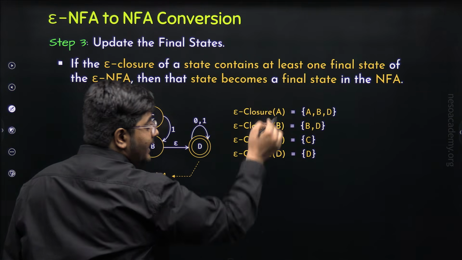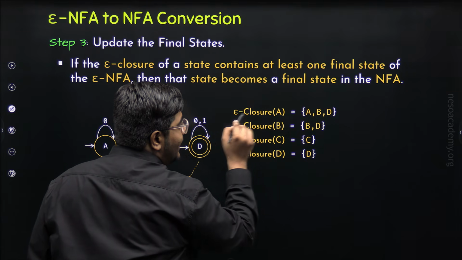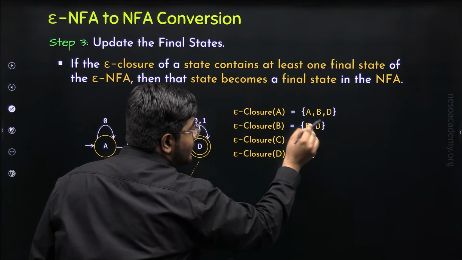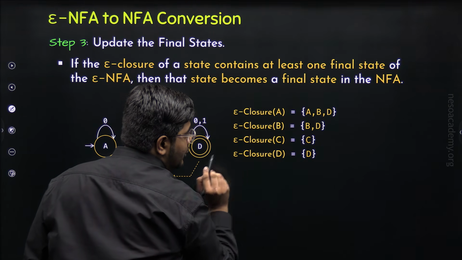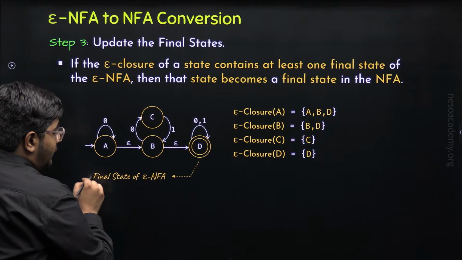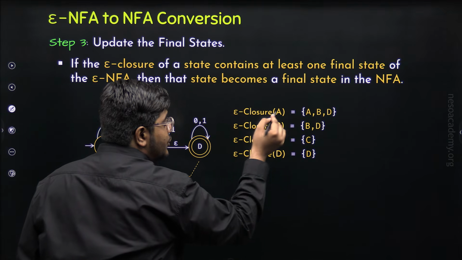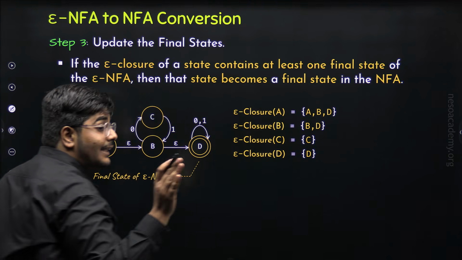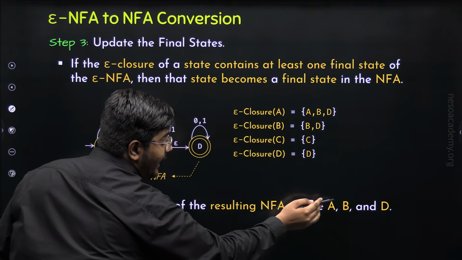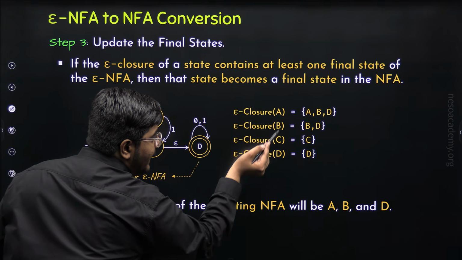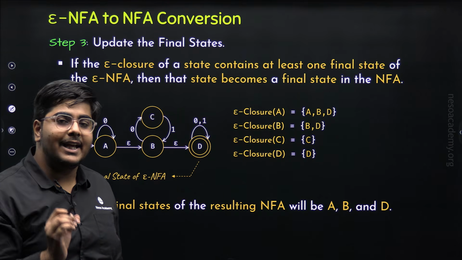Now, in these 4 sets, let's check where is D. D is present in the epsilon closure of A, D is also present in the epsilon closure of B, and D is also present in the epsilon closure of D. That means the final state of epsilon NFA, which is D, is present in the epsilon closure of A, B and D. And that is why the final states of the resulting NFA will be A, B and D. This is how we calculate the final states of our resulting NFA.